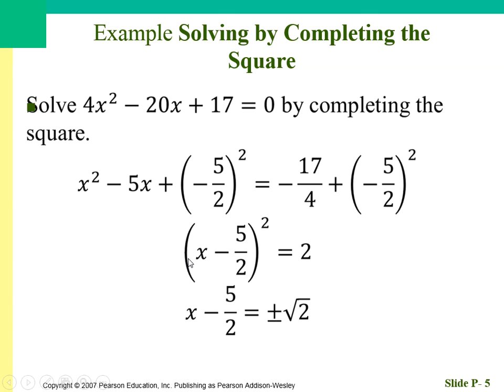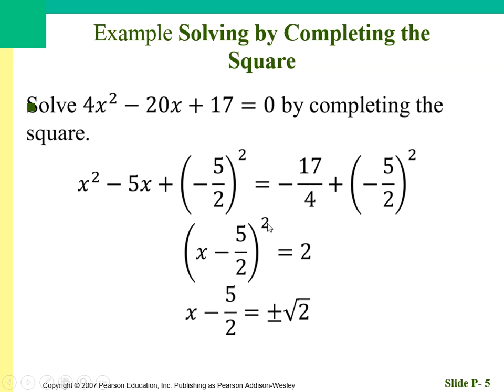I know it says to do x plus b over 2, but remember how our b was negative, so it ends up being x minus 5 over 2, all squared. The cool thing is on this other side, if you were to grab a calculator and work all of this out, you would find out that it all adds up to 2. Just don't lose your negative on that 17 and it should work out just fine.